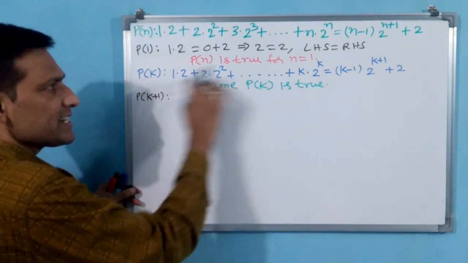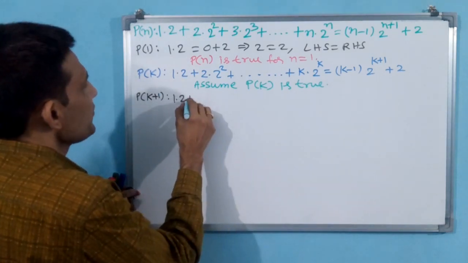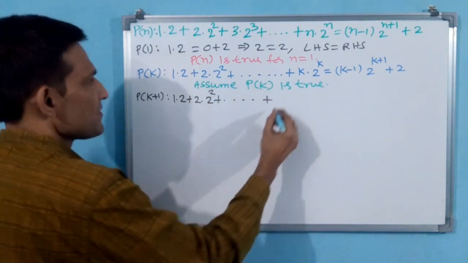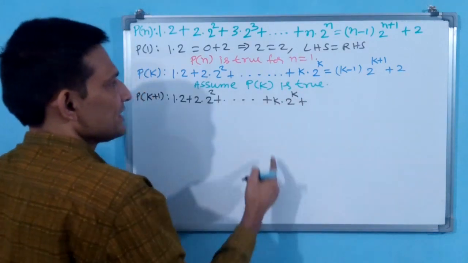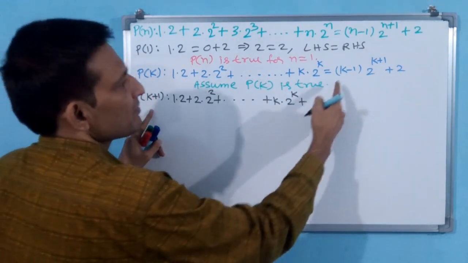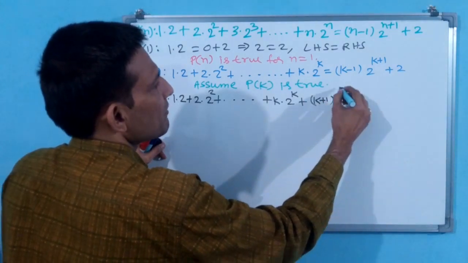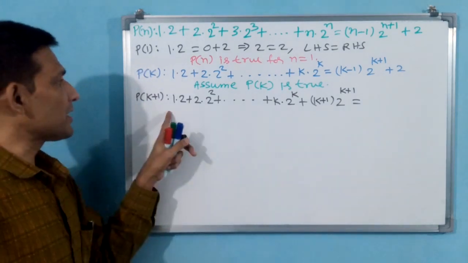Simply extend this Pk. 1 into 2 plus 2 into 2 square plus ... plus k into 2 power k also you have to write, plus now in place of k you have to write k plus 1, 2 power k plus 1. I'm talking about LHS.